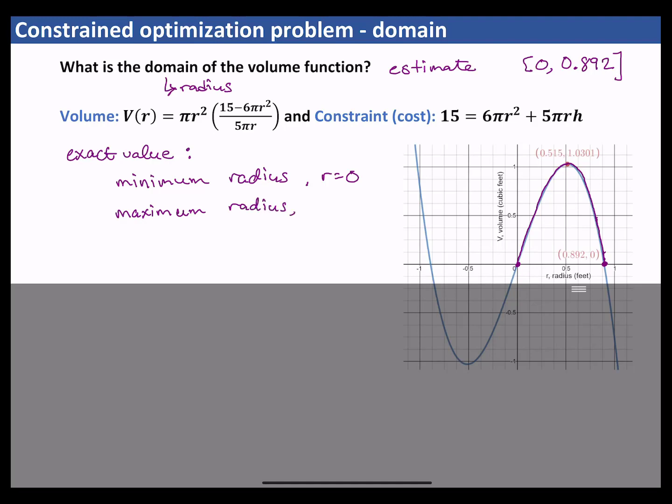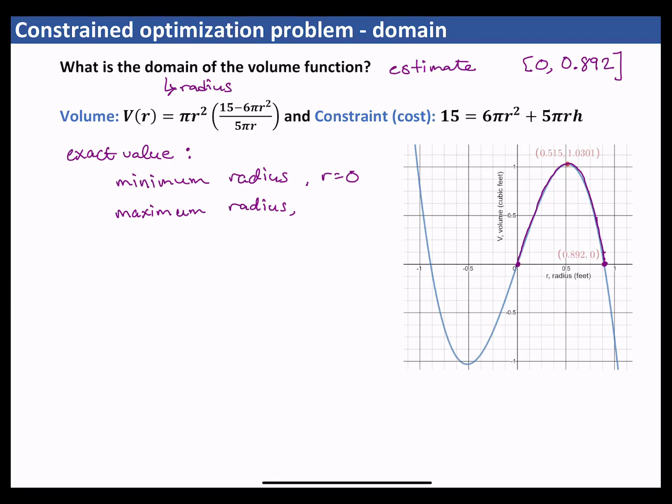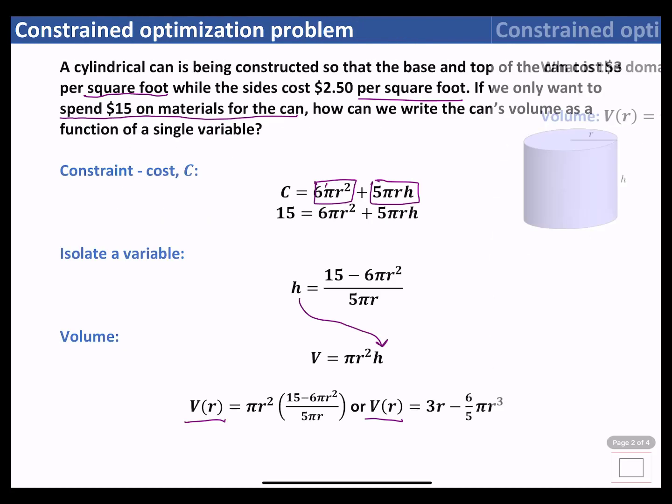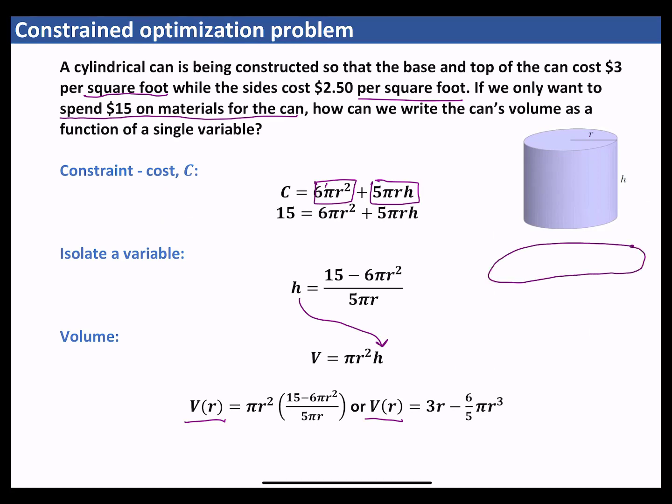Here it's important to remember again that because we only have $15, if we make the radius bigger, we're going to have to make the height smaller. If I increase the radius of this cylinder, then I'm using up more material that costs $3 per square foot, which means I'm going to have less money to spend on the sides, so the height is going to have to get smaller.